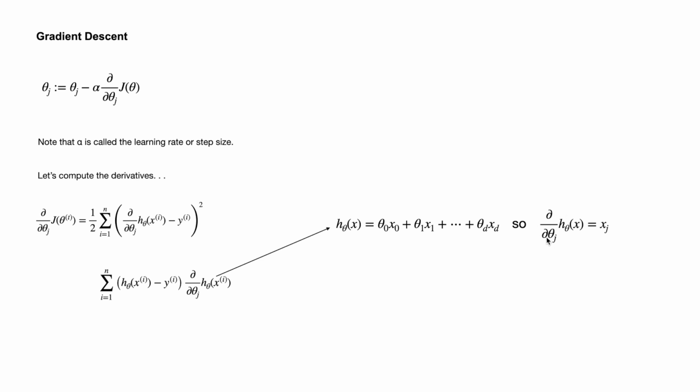If you are differentiating with respect to theta j, then since our hypothesis contains theta j xj, xj will be our output, because everything else is constant and becomes 0. Suppose theta j is theta 1, then x1 will be the answer and other terms will be 0. So the final derivative is going to be xj.